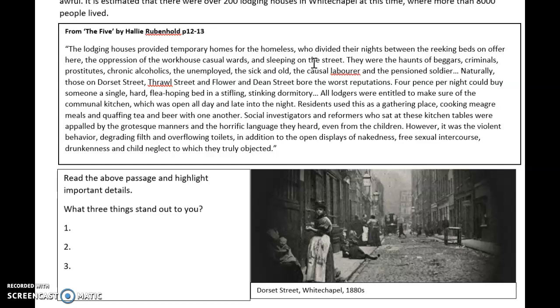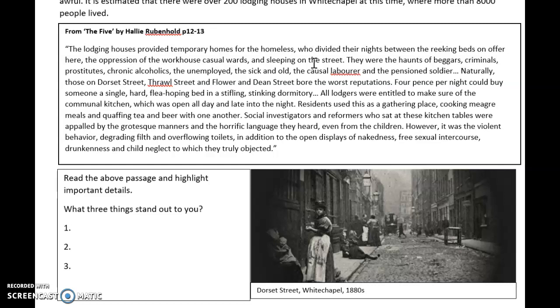They were the haunts of beggars, criminals, prostitutes, chronic alcoholics, the unemployed, the sick and old, the casual labourer and the pensioned soldier. Naturally, those on Dorset Street, Thrawl Street and Flower and Dean Street bore the worst reputations.